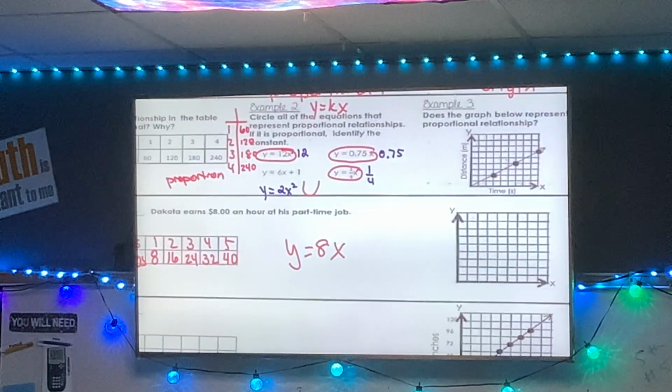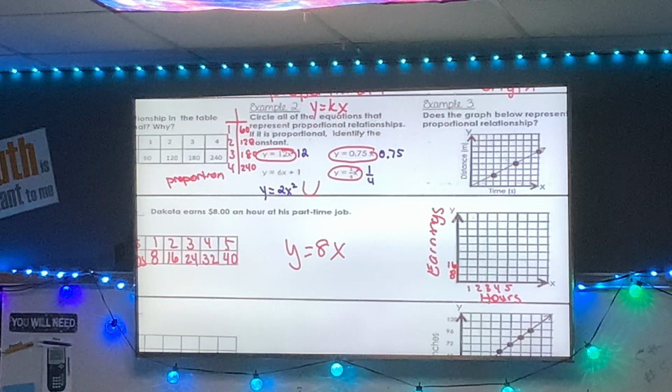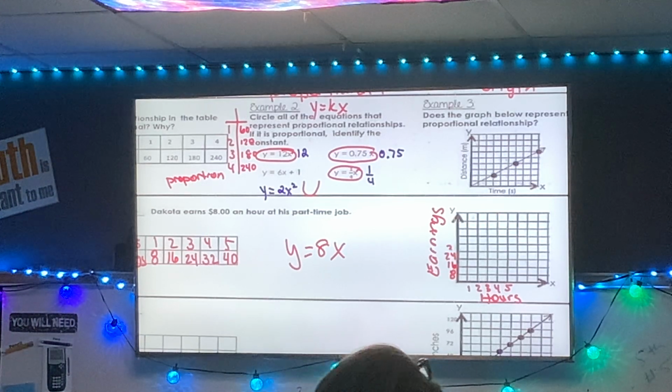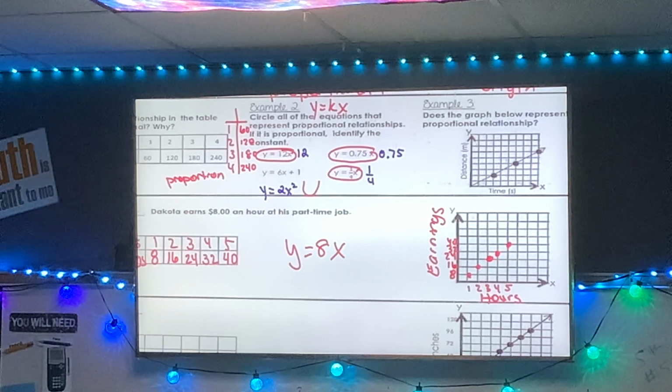Perfecto. Now, we're going to plot this. You have to do your labels, hours and earnings. 1, 2, 3, 4, 5. And we could just go up the side, just like our numbers are, make our life easy. And if you work 0 hours, you make 0 money.